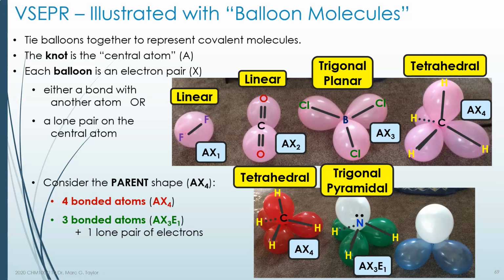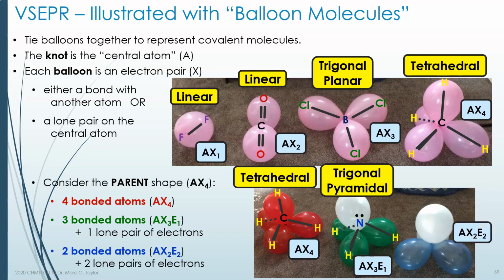And the last example is interesting. This one's 2 bonded pairs that are bonded to atoms, the blue ones, and 2 that are filled with lone pairs of electrons. In other words, there's no other atoms attached on those white balloons. They're just pairs of electrons.